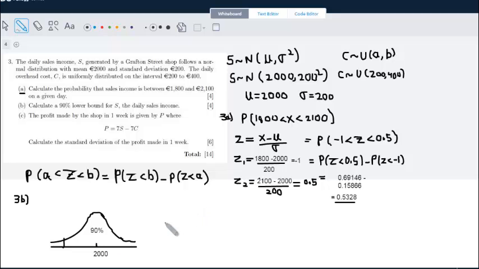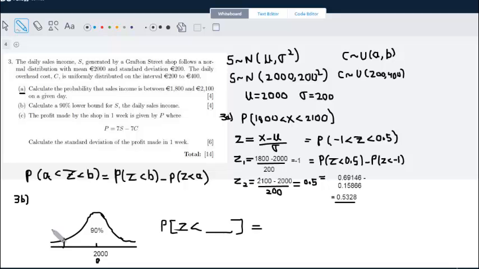So for that we need to search the Z table. It would mean the probability that Z is less than something, on a standard score, what would be this area?